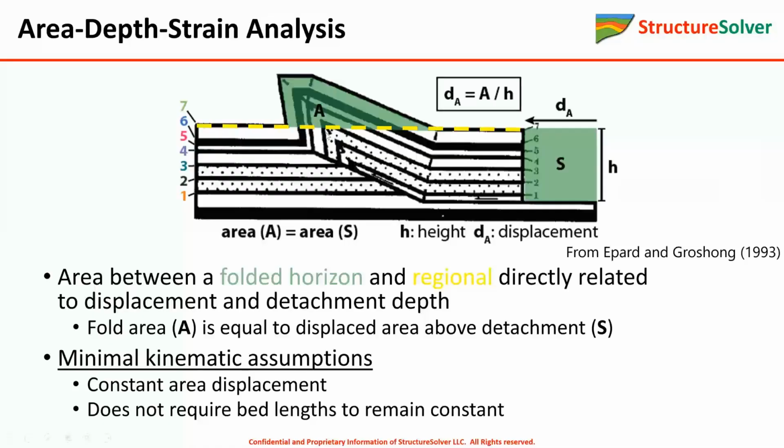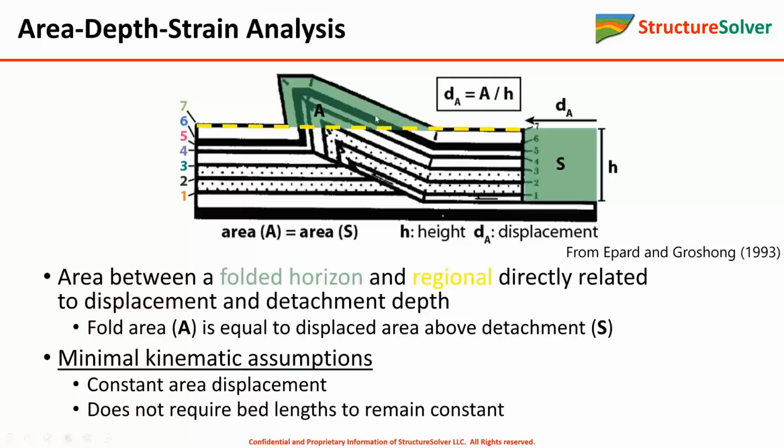Essentially, area depth analysis comes down to a rather simple set of assumptions: that during deformation, a given structure will maintain area. The area that you see in a fold in, for example, a seismic section, and what we're looking at here is a kinematic forward model of a fault propagation fold where we have some observable folds.